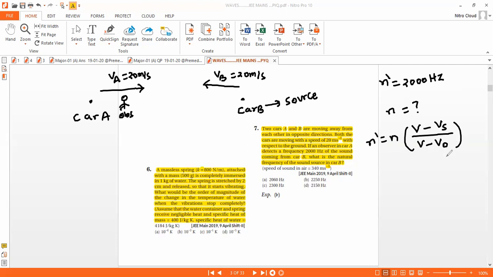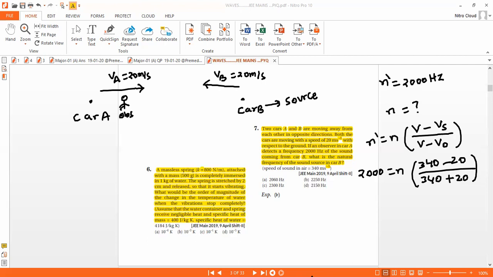So n dash means 2000, n times, speed of sound in air, it is 340 they gave. Source is moving along the same direction, so minus 20. Observer is moving in the opposite direction, so 340 plus 20.